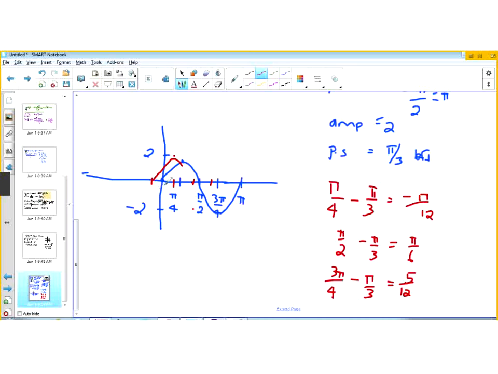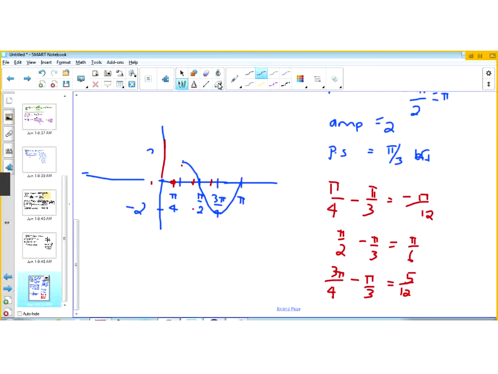Wait, I forgot an interval. Pi thirds goes to 0, sorry.